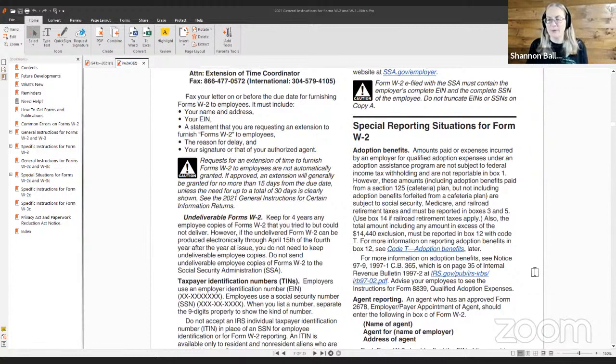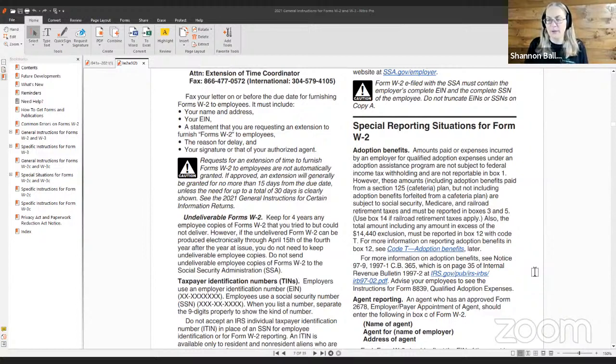However, these amounts, including adoption benefits paid from a Section 125 cafeteria plan, but not including adoption benefits forfeited from a cafeteria plan, are subject to Social Security, Medicare, and railroad retirement taxes and must be reported in boxes 3 and 5. Use box 14 if railroad retirement taxes apply.